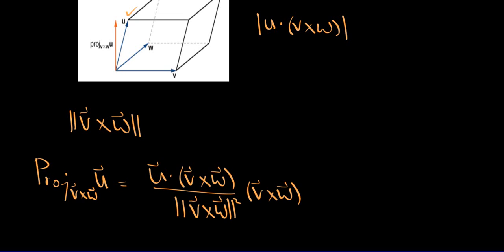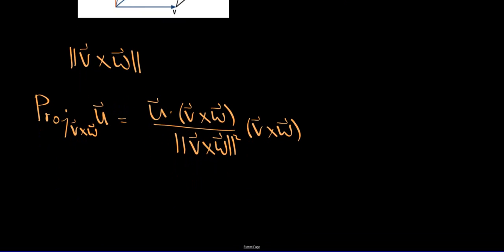Now, what if I wanted the magnitude of the projection? Well, this scalar part is just a big constant, there's no vector in it.